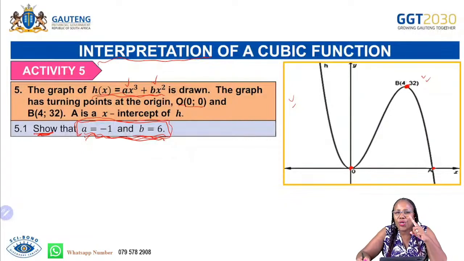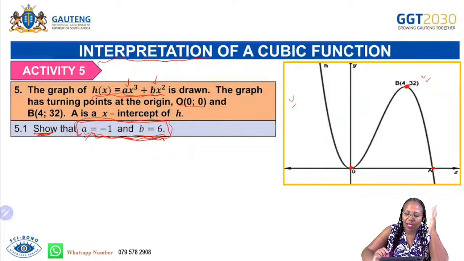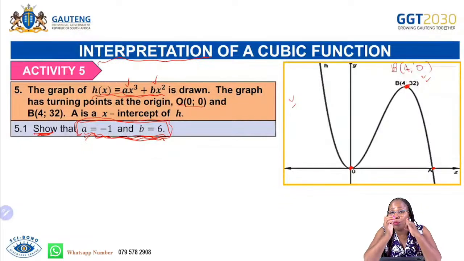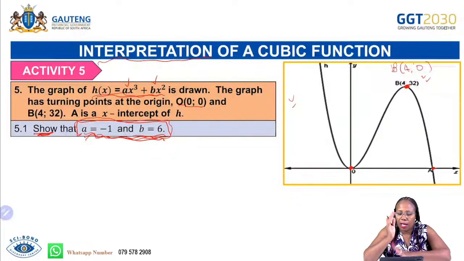Now, we are going to treat this point as a point (4; 32). Secondly, we are going to take it as a stationary point. The minute we take it as a stationary point, the x-coordinate will be 4 and the derivative will be 0, because when we calculate the x turning point, we let the derivative be 0. That is why we are saying we take 4 and 0 for stationary. Okay, I hope that is clear.